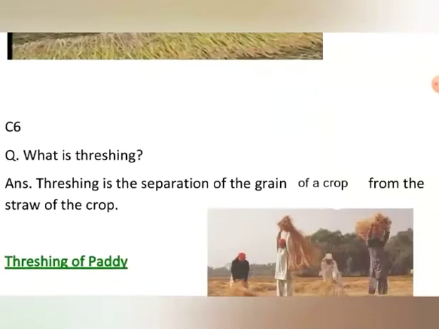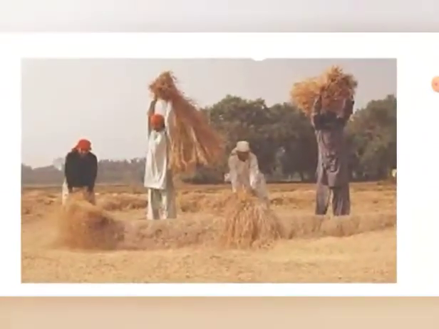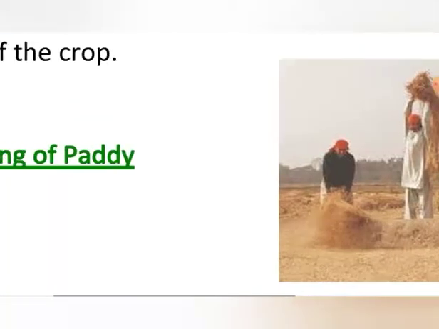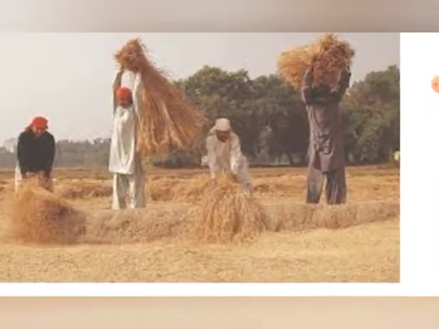Now what is threshing? Threshing is the process of separating the grains of a crop from the straw of the crop. In this picture, take a look, these farmers are threshing. They are threshing paddy, means rice, dhan.